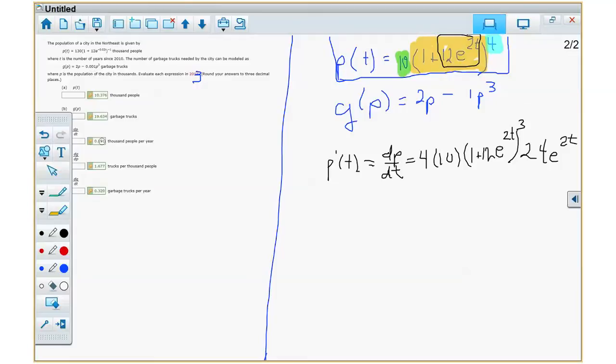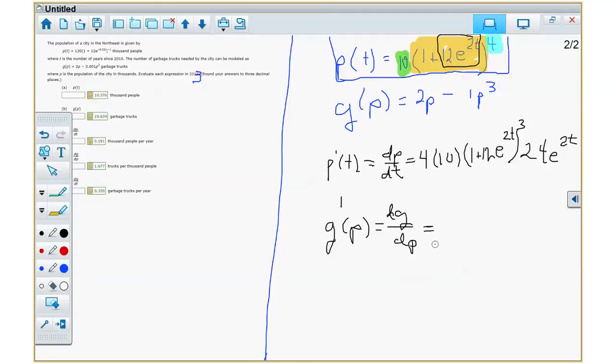Now let's do this one, g of p. Well, g of p is going to be dg, g prime of p. It's going to be dg, which is your first right here. Take the derivative of g with respect to p.